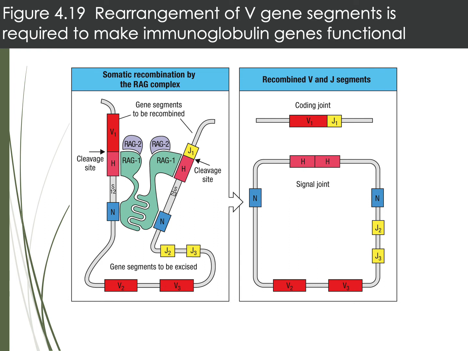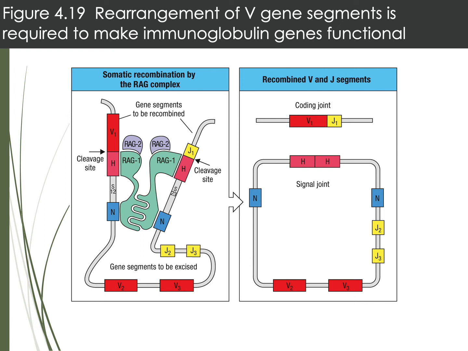So before this moment and after this moment, the genetic information of this B cell has been altered, is different, right? So again, that's the biggest thing. If you can have that appreciation, I think I've made a difference.